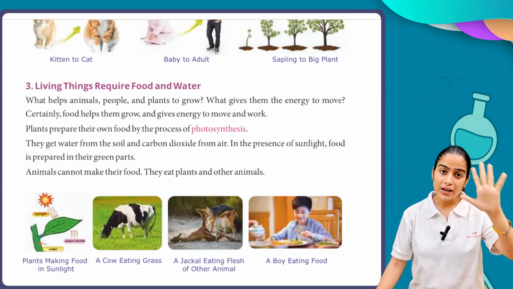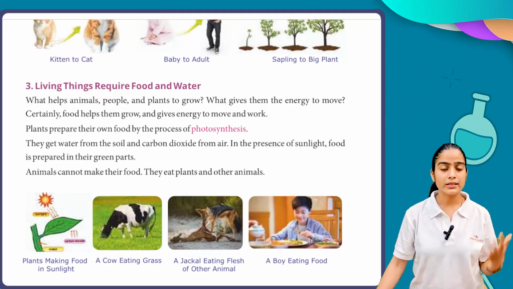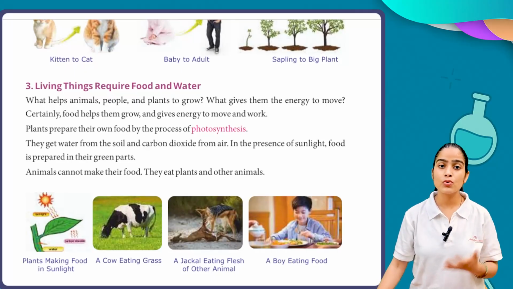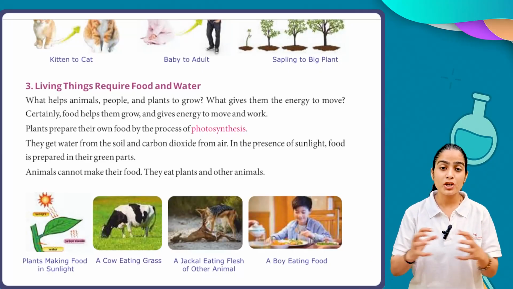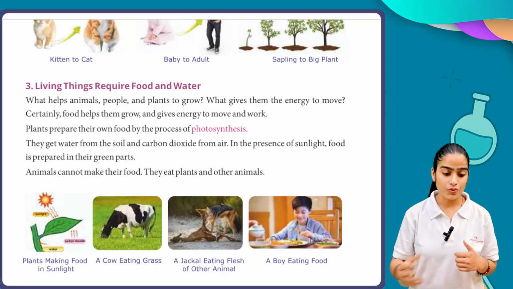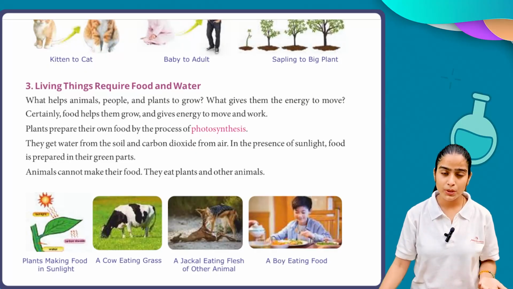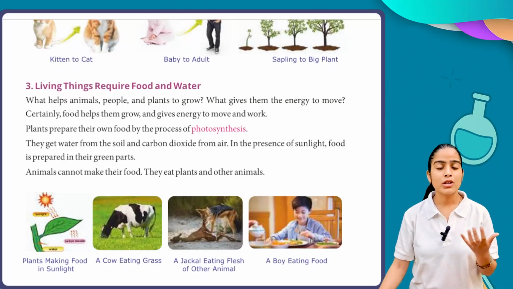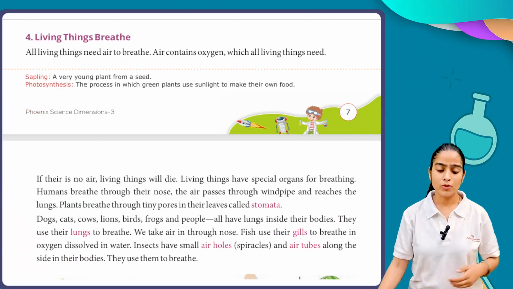These are the five things needed by plants to make their food, and this process is referred to as photosynthesis, where photo means sunlight and synthesis means the formation of food, right? Animals cannot make their food, they eat plants and other animals. So animals don't have the ability to make their own food, so they have to depend for their food on other animals and plants.